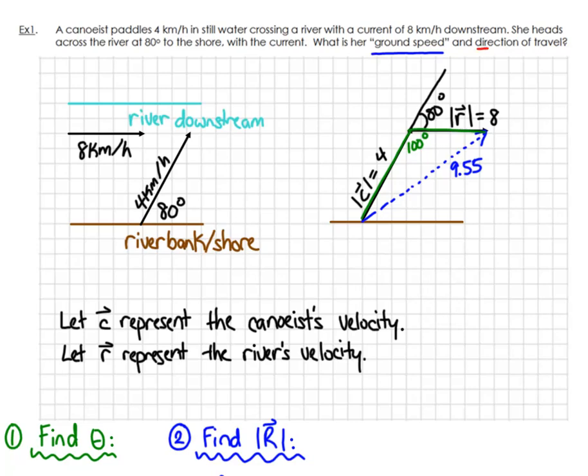Okay, so if I want the direction, I'm going to get the direction relative to the shore, because your resultant or your ground speed was already relative to the ground, and so your angle should also be relative to the ground. But in order to find that angle, that's outside the triangle, so I'll have to work towards that corner of the triangle.